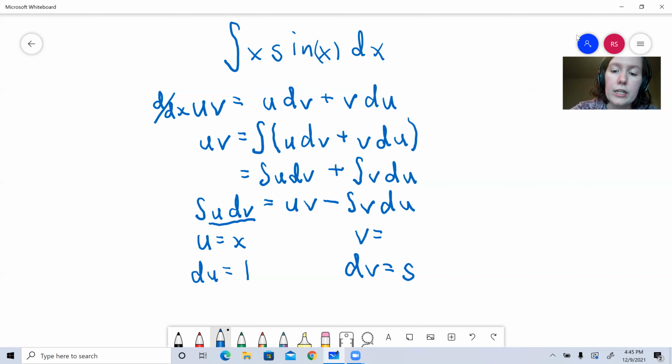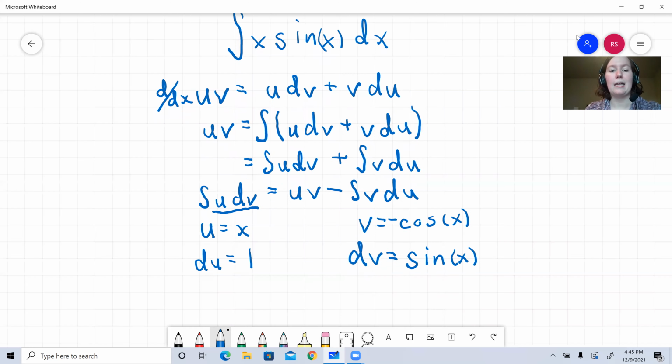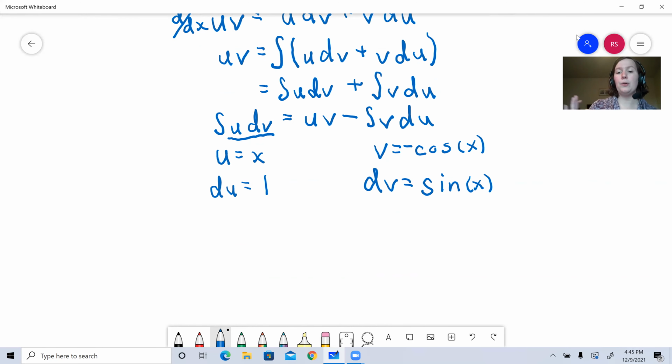So in this case, our dv is going to be sine x, and the antiderivative of sine x is just negative cosine x. So let's try plugging this u and v and du and dv into this formula. That would tell us, oh, dv is sine x dx because we're integrating it. Very important. And 1 dx as well.